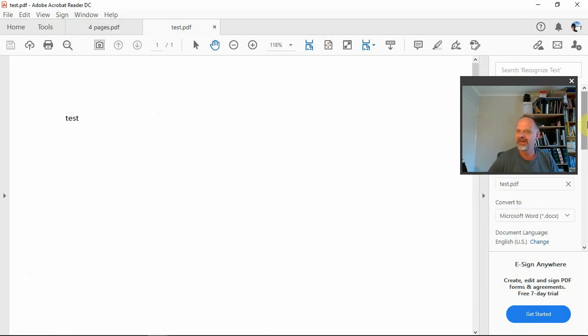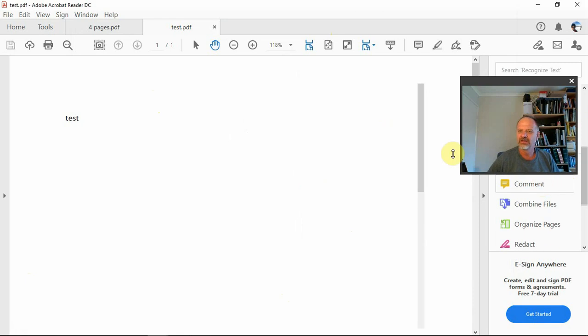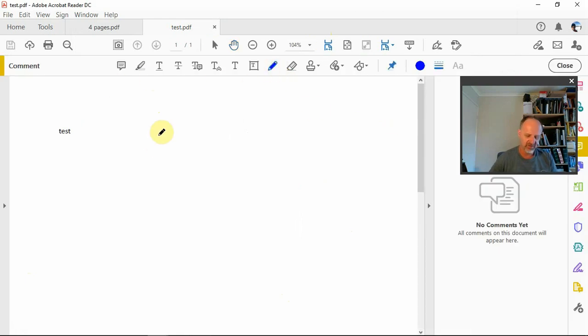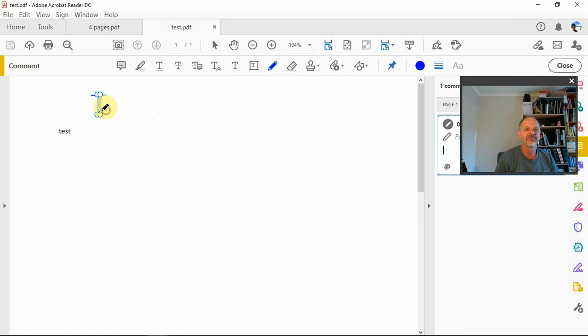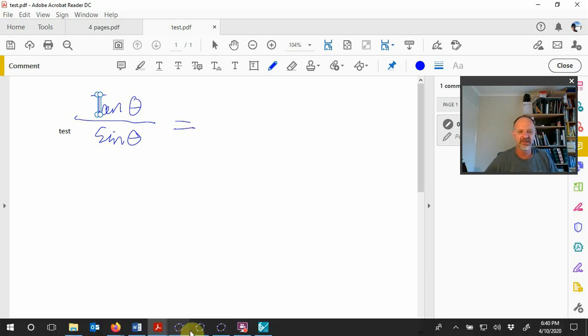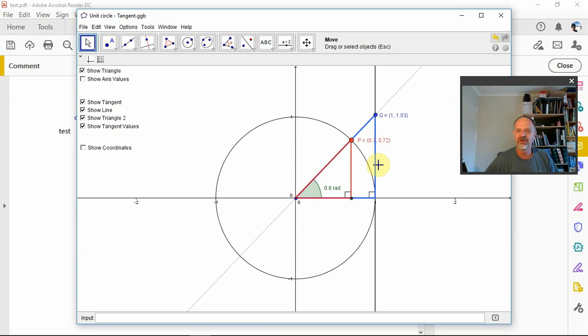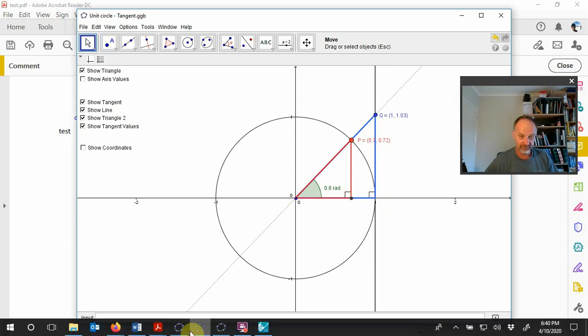So it's the tan of my angle. So tan of theta divided by sine of theta. And because they're similar triangles, one's bigger than the other, then that ratio of those two side lengths, this one and this one, has got to be the same as this one and this one. So one of them, the blue one, because it's a unit circle, that's a length of 1. And the red one here, well, that's cos.